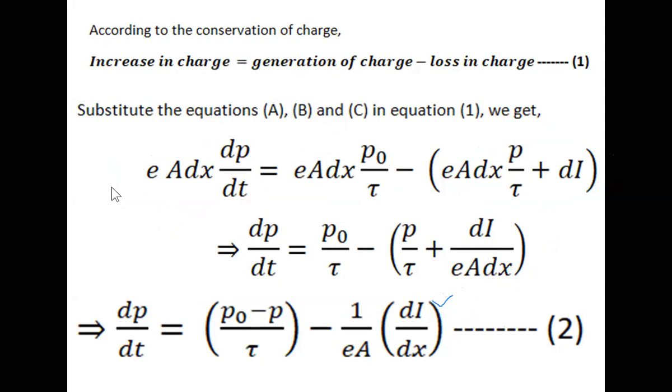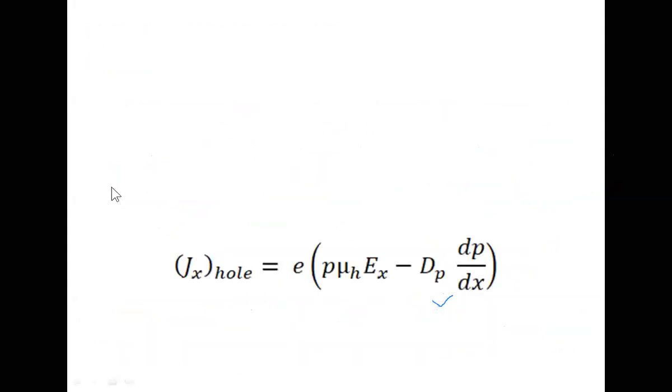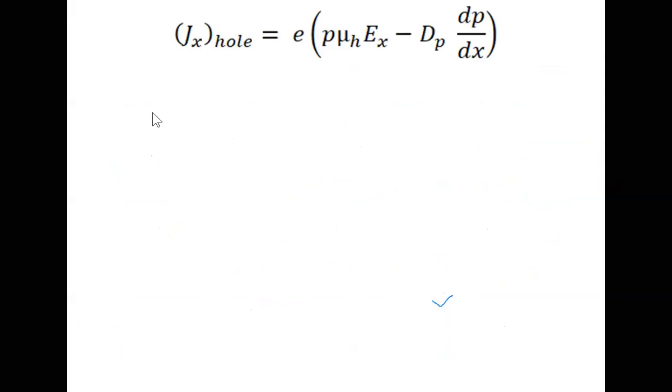Let us consider the transport mechanism for holes. We have seen in our previous class that the total current due to holes is given by the current due to drift plus the current due to diffusion.